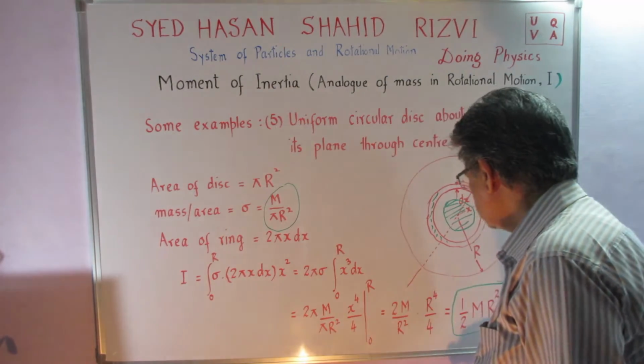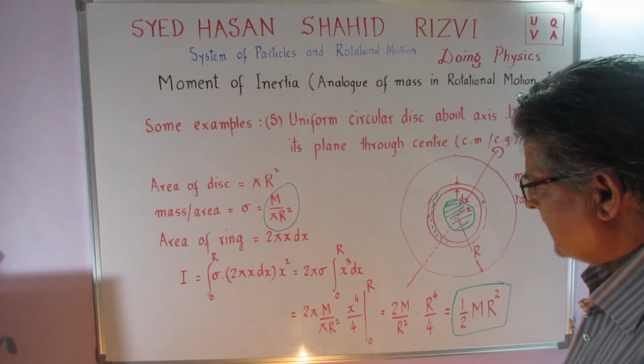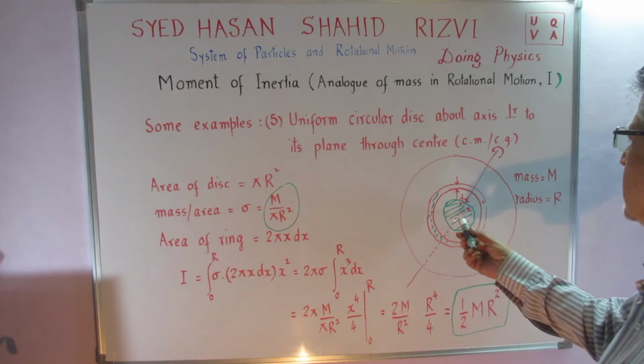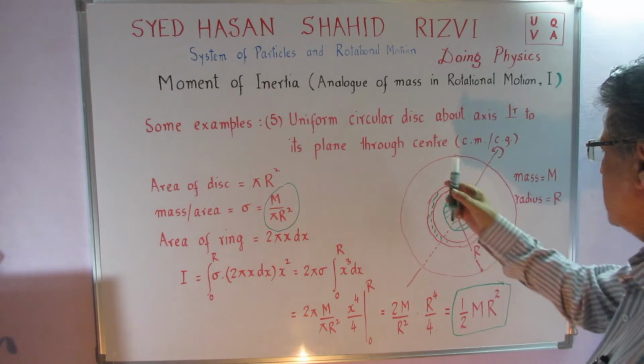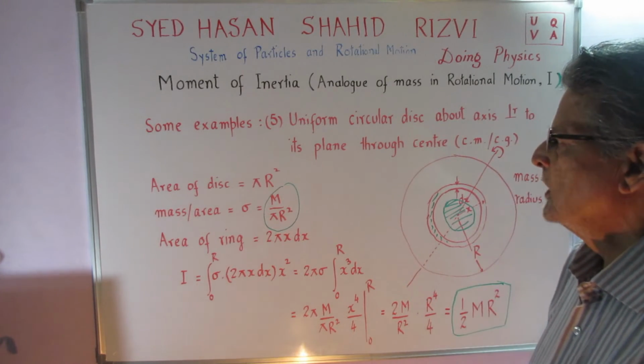Of course, when we talk about the theorem of axes, parallel and perpendicular axes, then you know how we can shift this from here to here and calculate things easily. It's one thing.